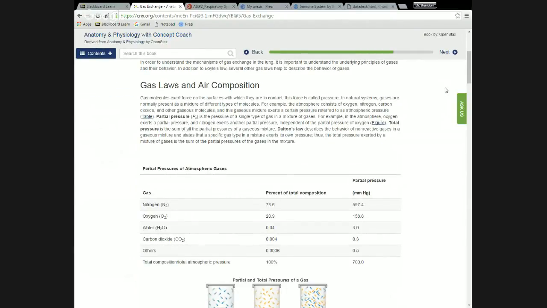So what I wrote up here, this is about Boyle's law, which is the relationship of pressure and volume, which is behind the mechanics of breathing.